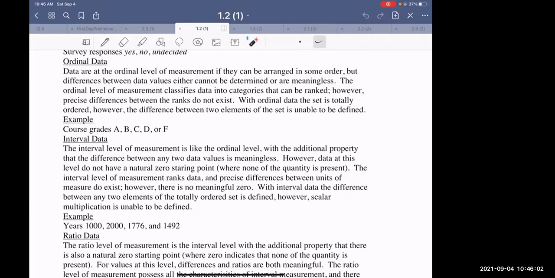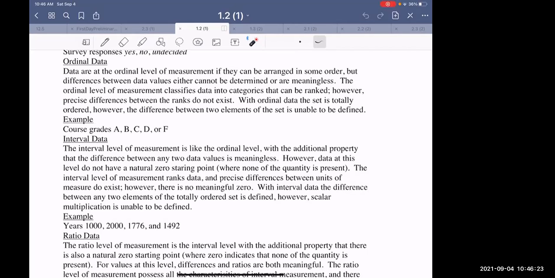I certainly can put an ordering on this. I can say 1,000, then 1,492, then 1,776, then 2,000. And of course, I can figure out set membership. You're in this particular year.